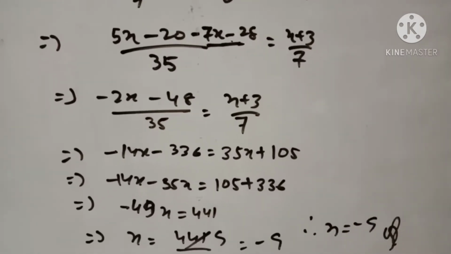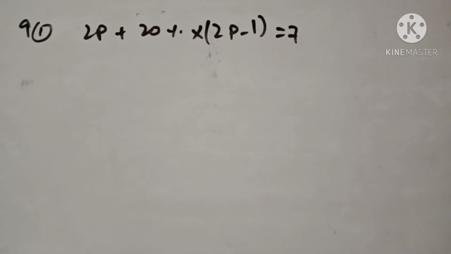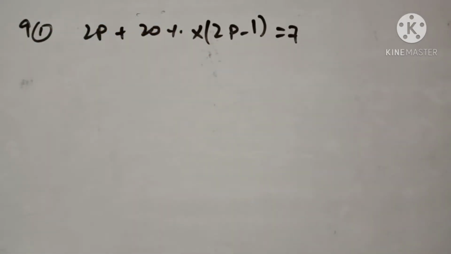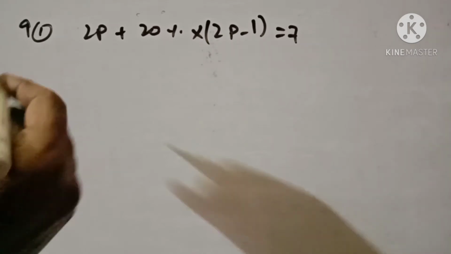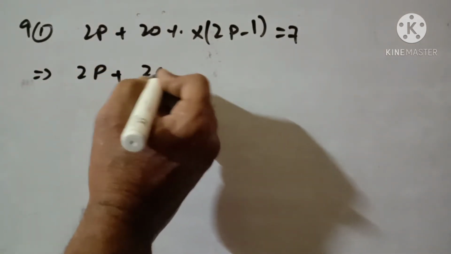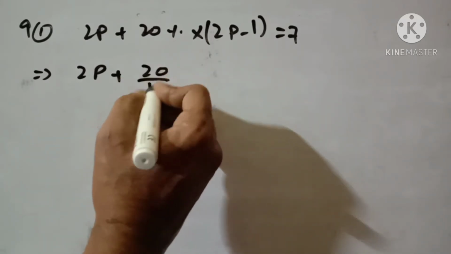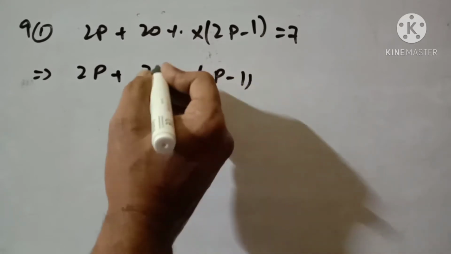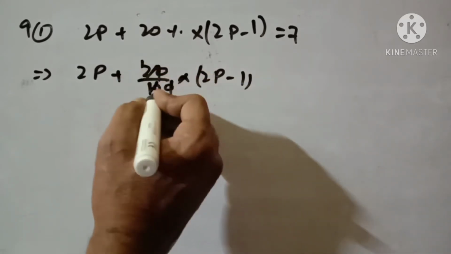Write down please. Now question number 9, first it is given 2p plus 20% of 2p minus 1 equal to 7. Of means multiply. So simply we can write 2p plus 20%, remove the percentage sign, it will be 20 by 100 into 2p minus 1. So the zeros gone, this is 1 by 5.